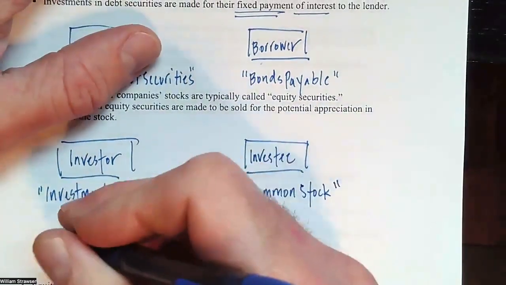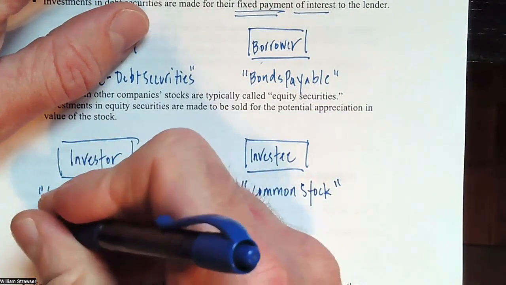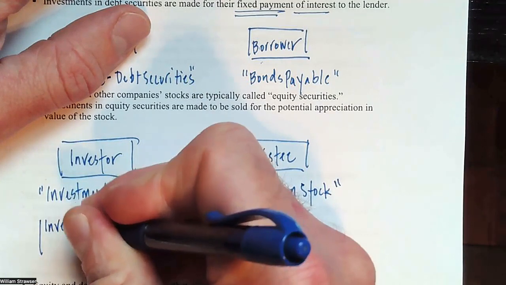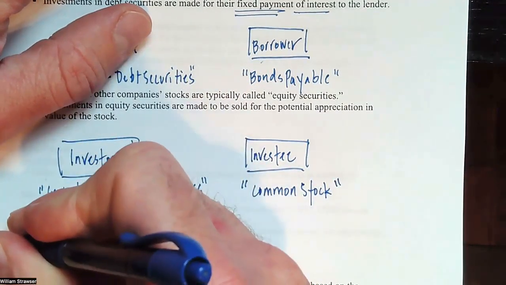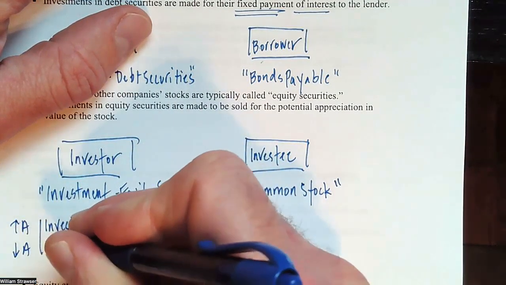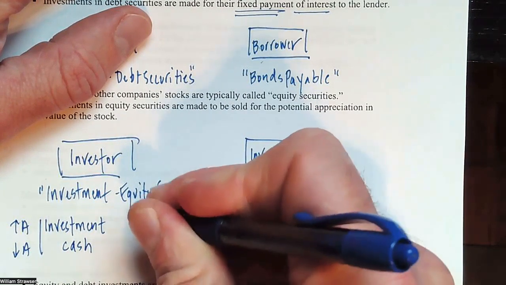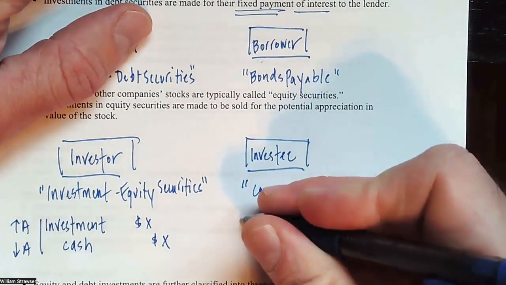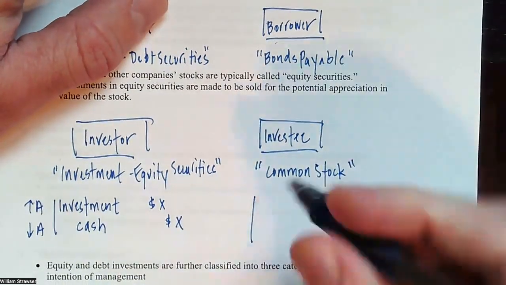So a very simplified journal entry would reveal something like this, where the investor has an investment debit, which would increase its asset account. It would credit cash because it paid cash in order to buy that common stock for whatever price we're talking about. The investee, right, the counterparty to this, would debit cash.